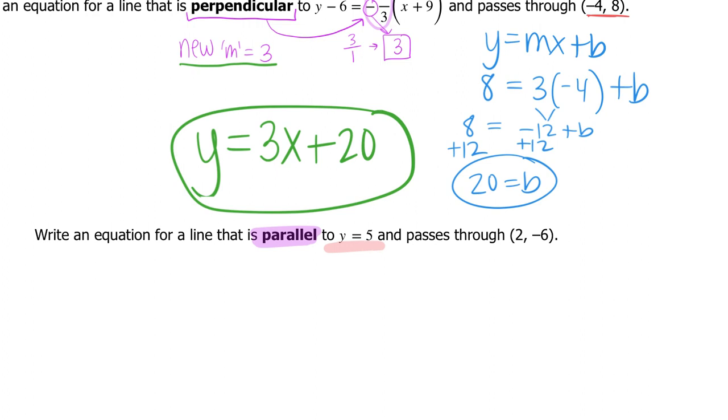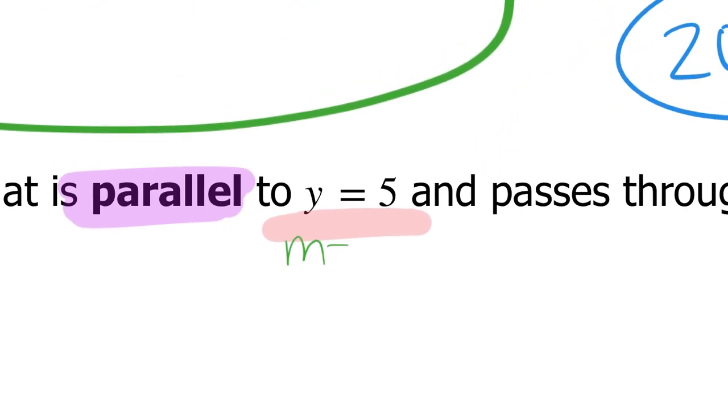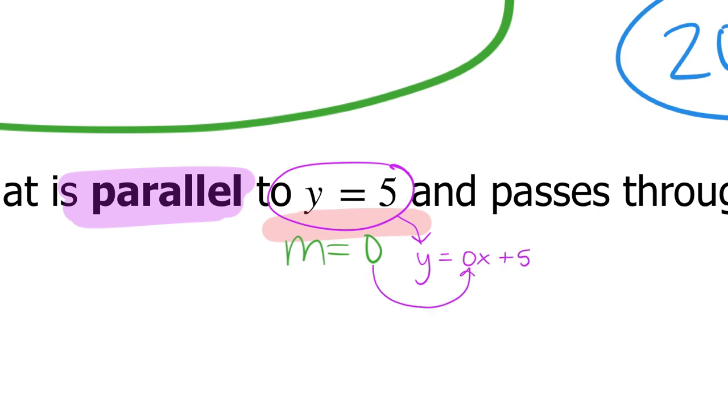Because remember, slope is like mx, but this line does not have an x on it. The slope is actually 0, because this is a horizontal line. Another way to think of this is y equals 0x plus 5. So the slope is 0.